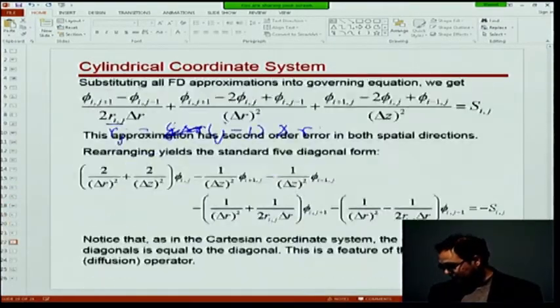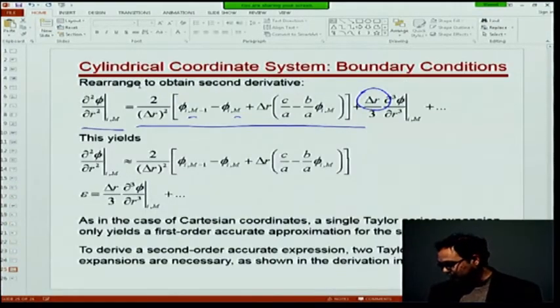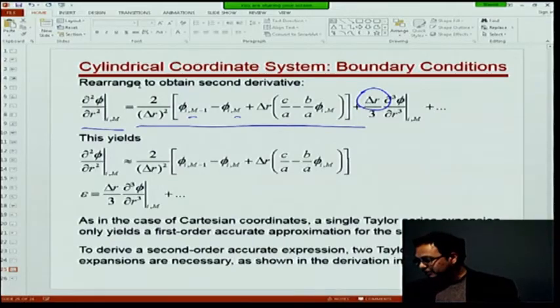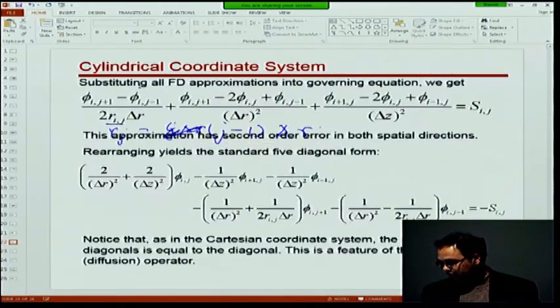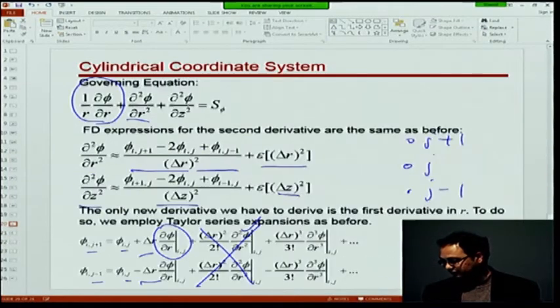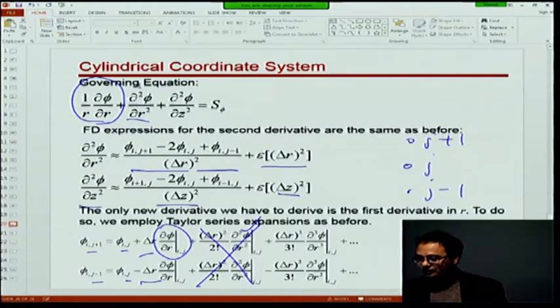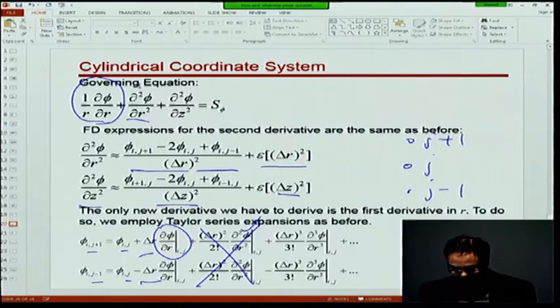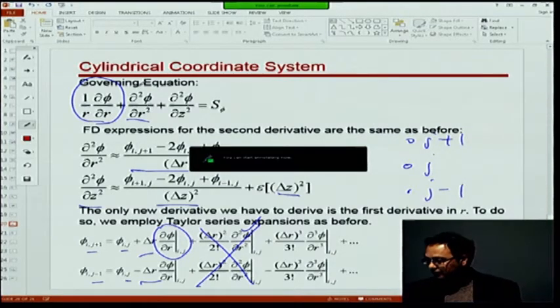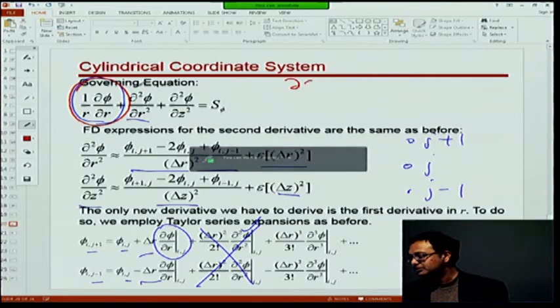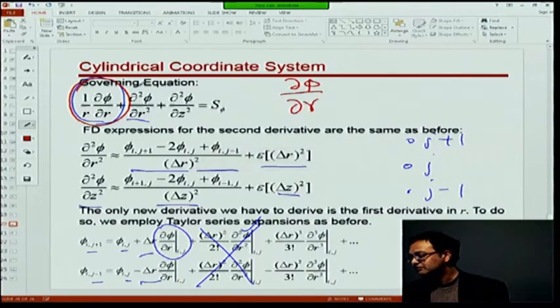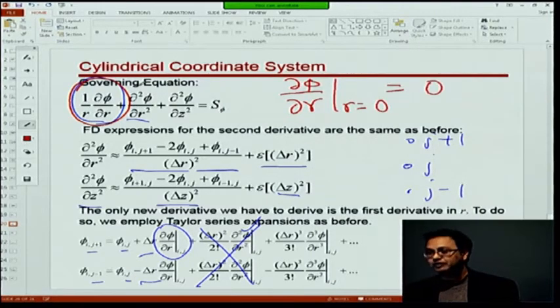The point I just want to point out before we go to the next class is that you run into a singularity right here. Why? Because the symmetry boundary condition is d phi dr at r equal to 0 is 0. That's a typical symmetry boundary condition where the derivative is 0.